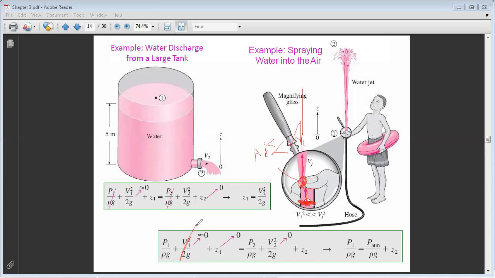Then I can deduce that the pressure inside my tube over rho g is equal to P atmospheric over rho g plus Z2. Analyzing this expression, the higher the pressure in my piping system, the higher the elevation I can reach, because the flow energy, which is energy accumulated in the fluid due to pressure, will be transformed into potential energy.